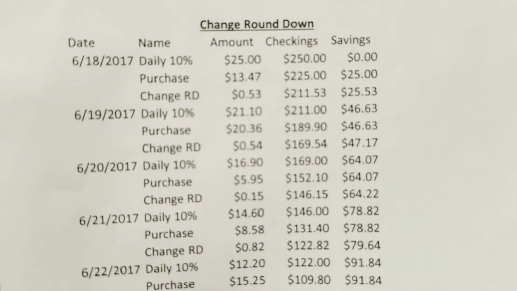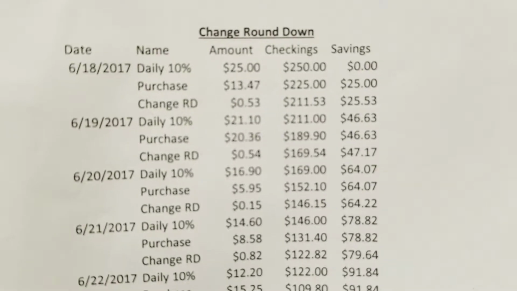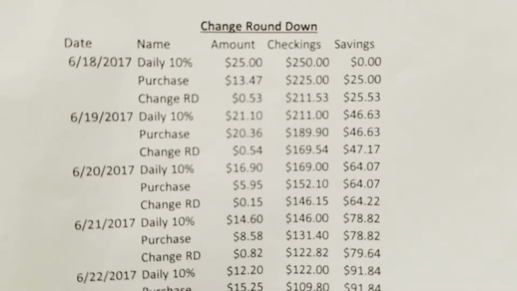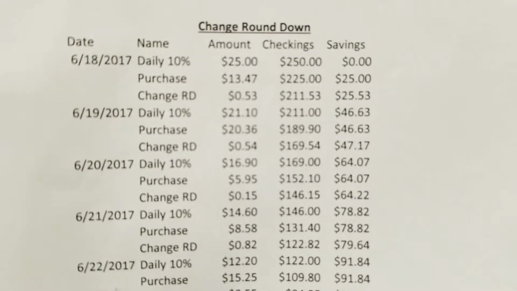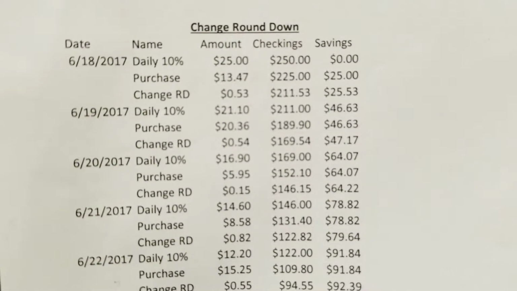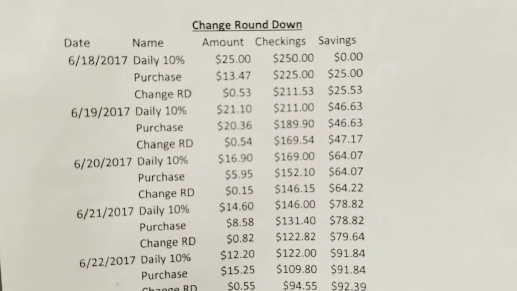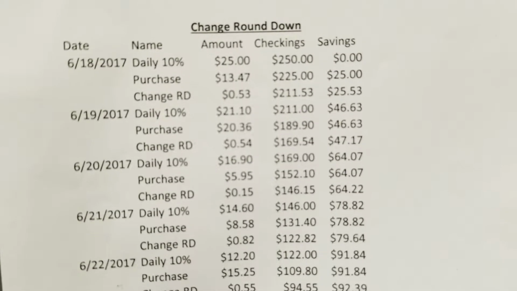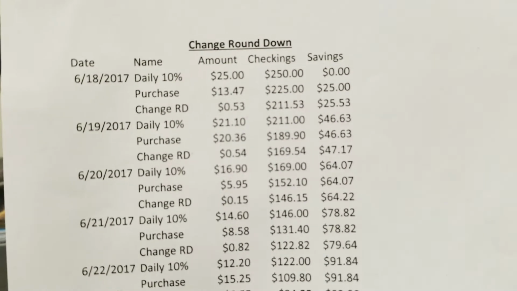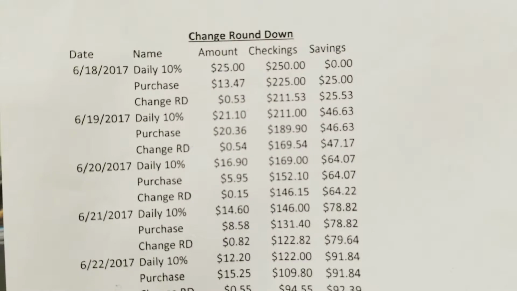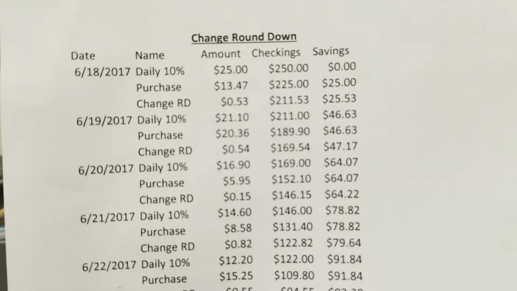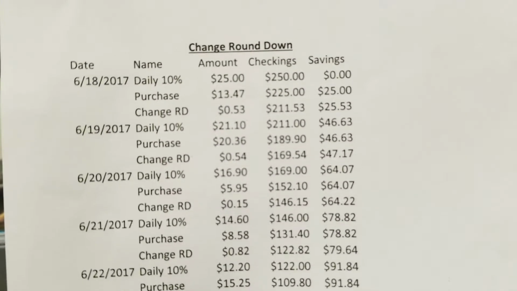So starting out with 250, you take out 25, and then let's say you make a purchase of $13.47. Well, with that $13.47 taken out of the $225 that's left over after you take out the 10%, that's $211.53.